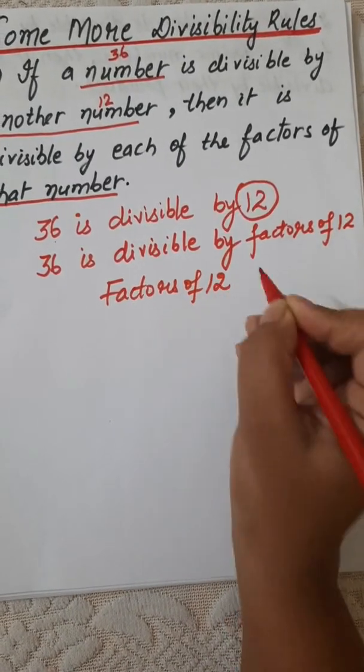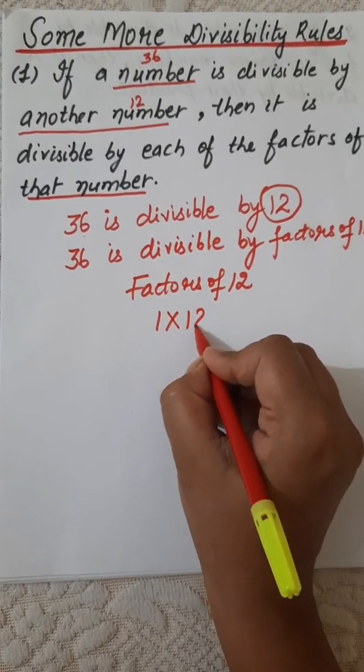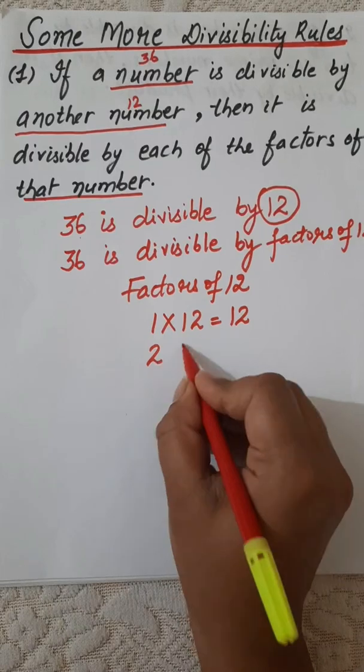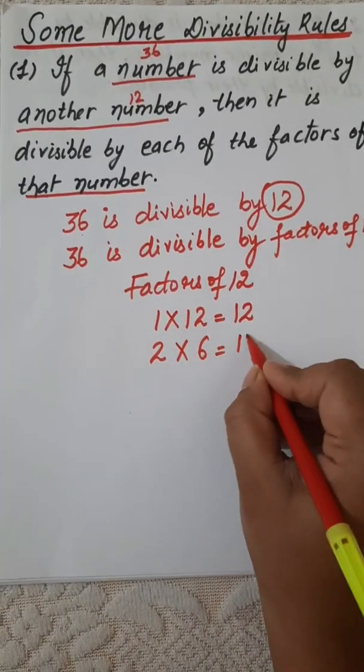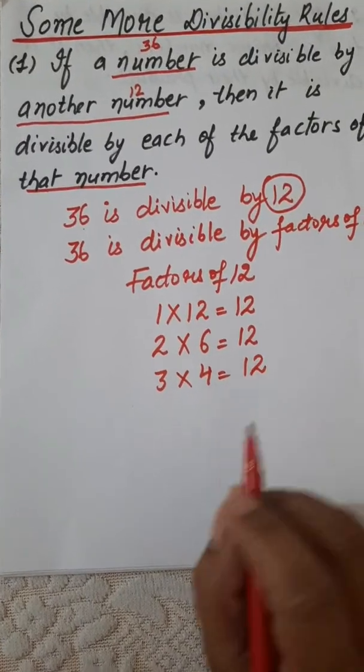Factors of 12. We know how to find the factors. 1 times 12 is 12, 2 times 6 is 12, 3 times 4 is 12.